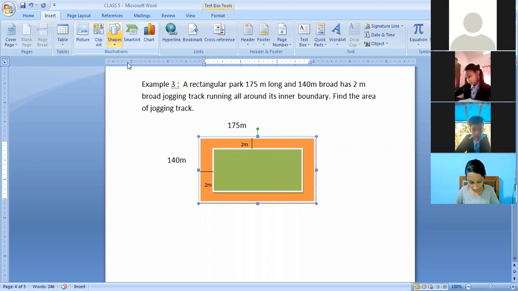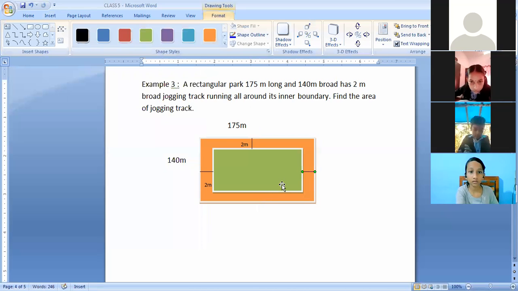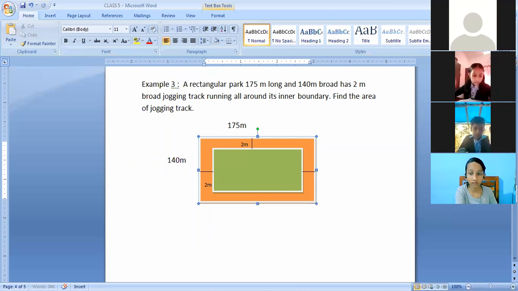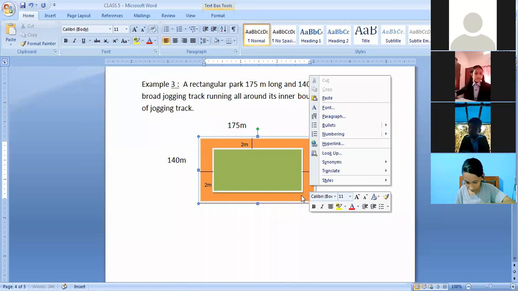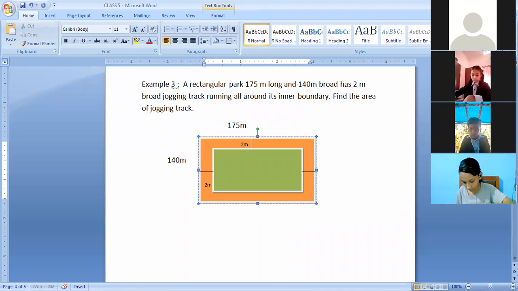And here this width, what about this width? That is also 2 meter. 2 meter.